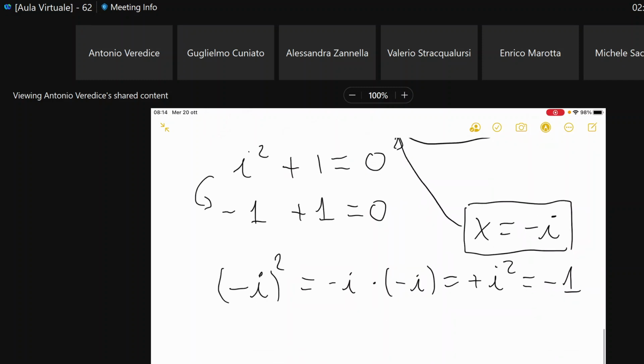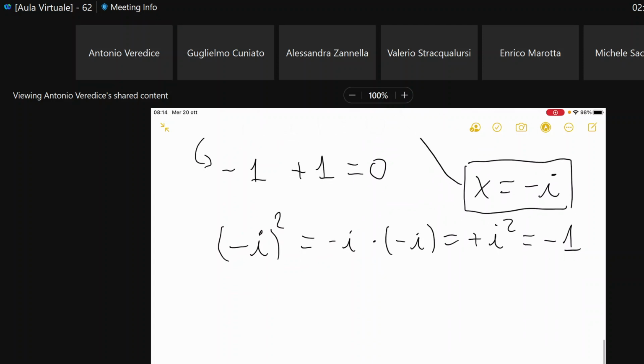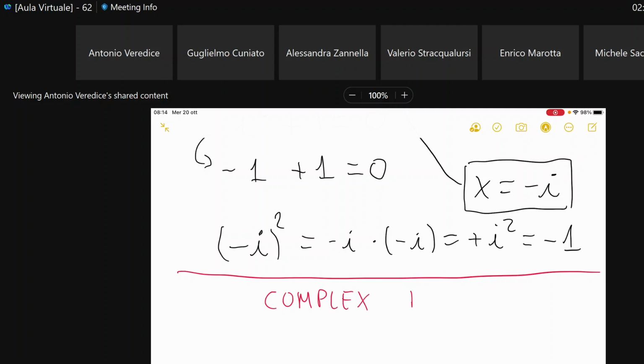So introducing complex numbers means adding to the real numbers this imaginary unit. A complex number z has this form.